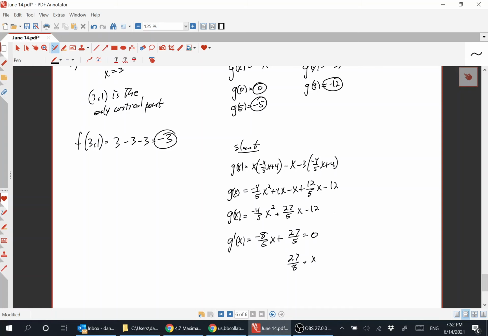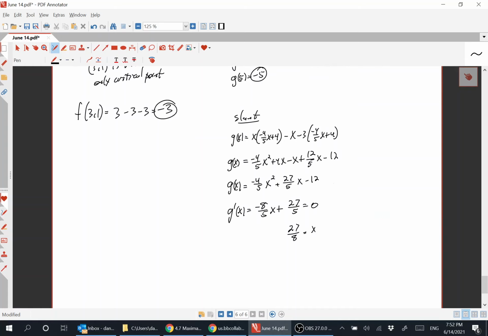That's 3 and a third or something. Okay, so plugging this point into g, g of 27/8 is going to be equal to, well, pull out the Wolfram Alpha, I think.